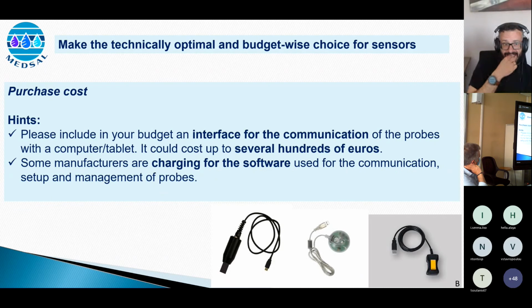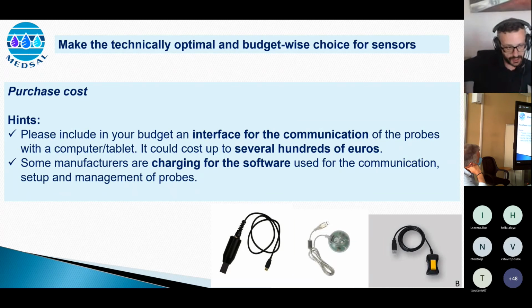Other hints. You can see in these photos below some interfaces, some devices that help you to communicate with your probes. You shouldn't neglect the cost of these interfaces. They could cost several hundred euros, up to 700 or 800 euros.